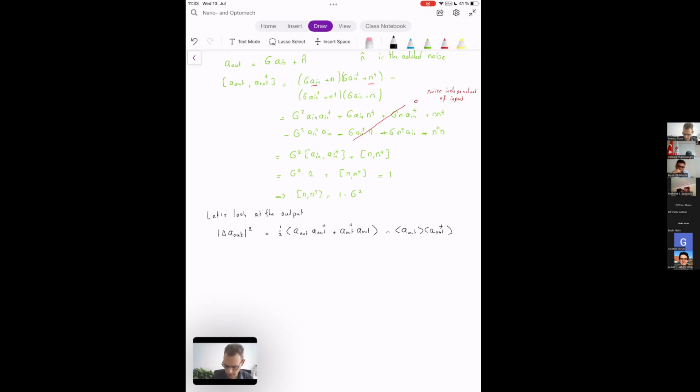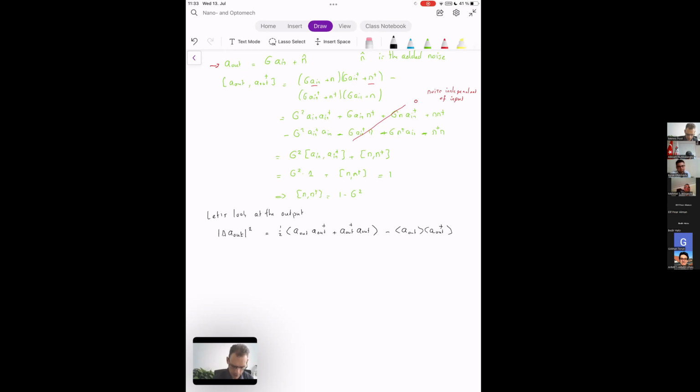Okay, so now we have this expression for the noise in the output, but what is it? Because we have just calculated what this output operator is. So now we can fill in all the different numbers, and then when we plug this expression that we have for the output into the expression that we have now for the noise, we're going to find that there are many different terms.